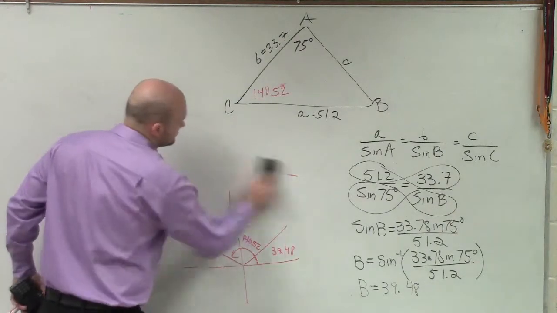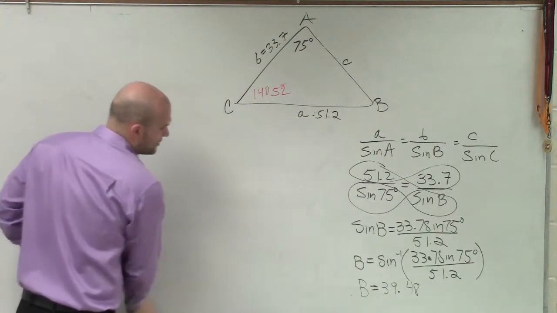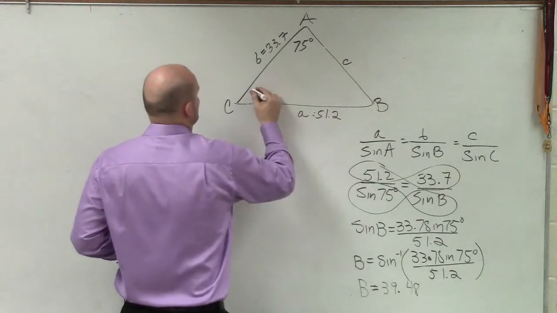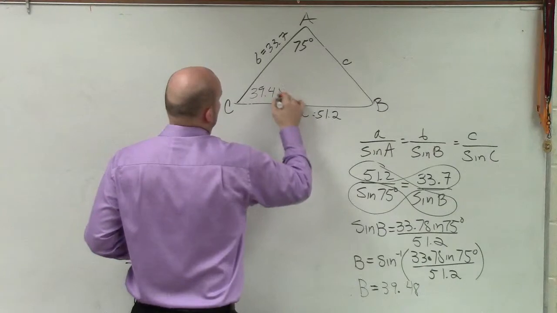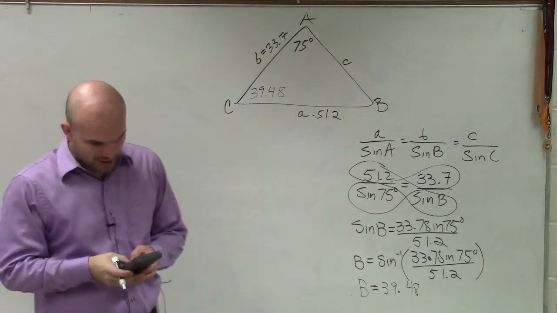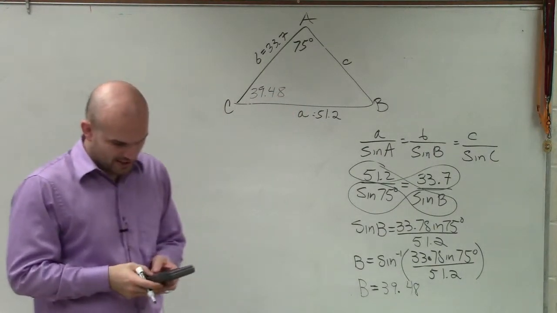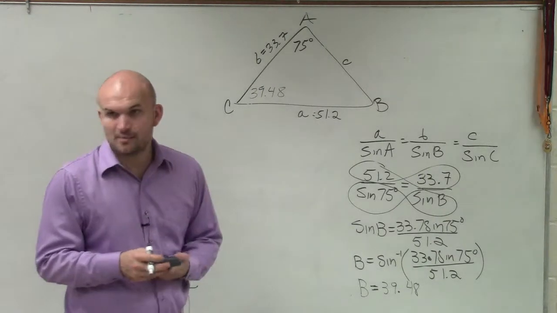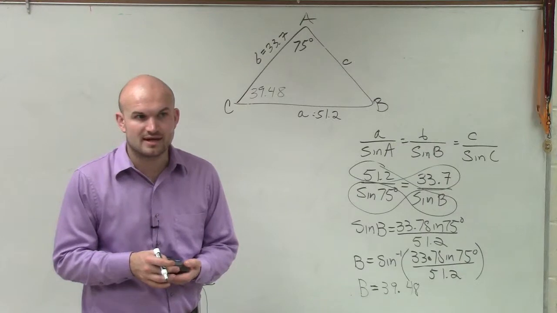So now we know that 39.48 works, and that's good. So now I can do 180 minus 39.48 minus 75, which is 65.52. Did everybody follow me saying that out loud? Do I need to write it down?